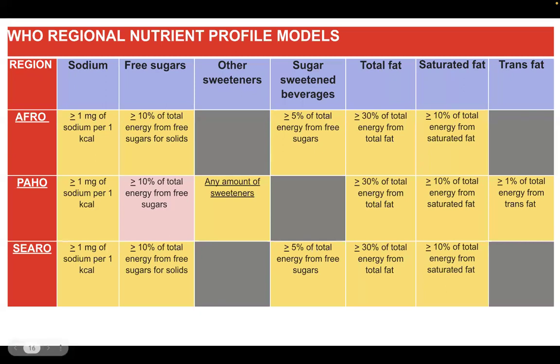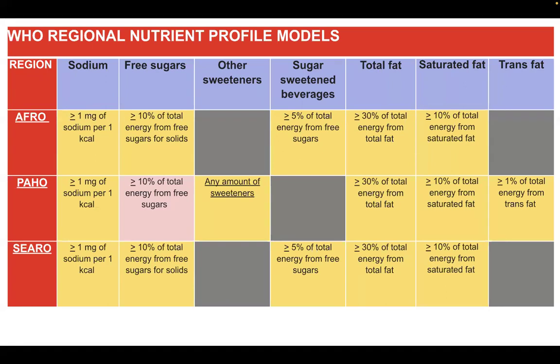Here in this table, we can see the differences between PAHO, AFRO, and CIARO. The three nutrient profile models use a caloric denominator, but there are some minor differences between them. For example, the PAHO model doesn't divide products into solids and liquids, but includes trans fatty acids and non-sugar sweeteners.